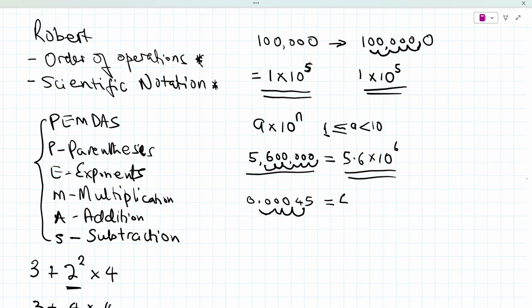So we get 4.5 and multiply it by 10 to the power 4. But it will be negative because it's a small number. So it's very important to note that a positive exponent represents a large number, like this one, and a negative exponent represents a small number.